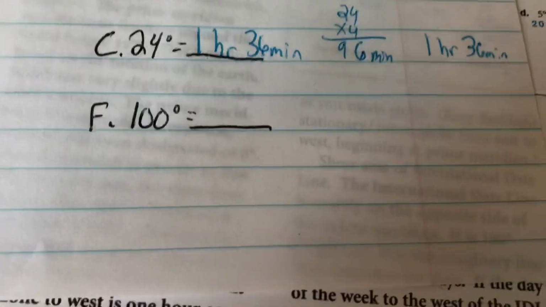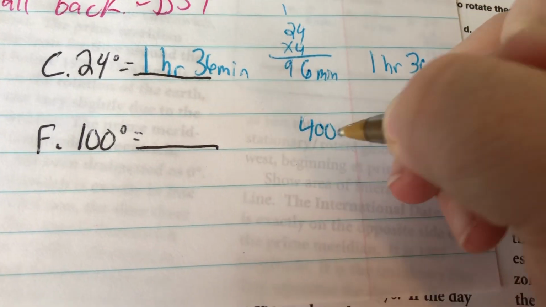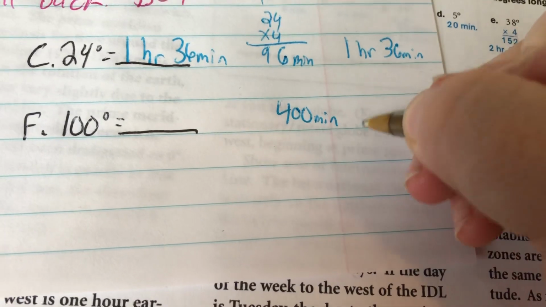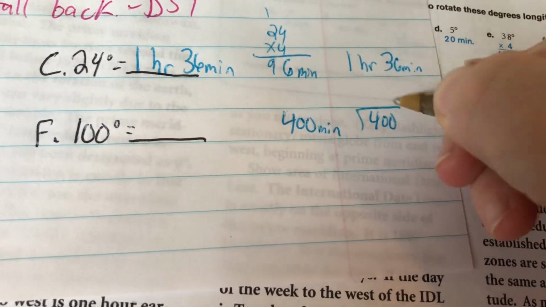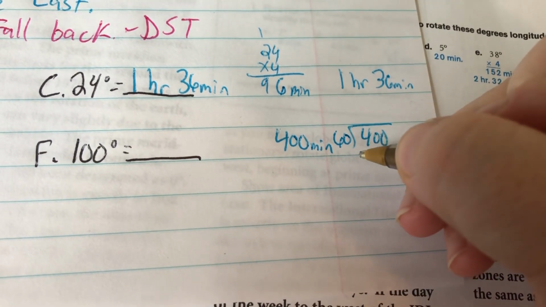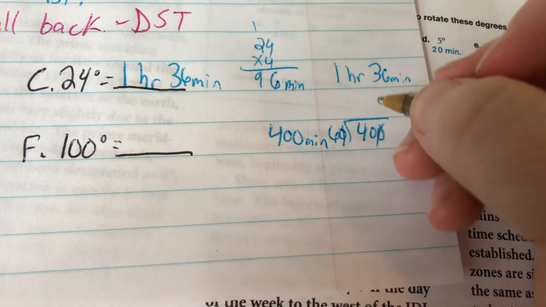For F, 100 degrees, well, 100 times 4 is 400 minutes. 400 divided by 60. I get rid of one of those zeros each because that's easier. 6 goes into 40.